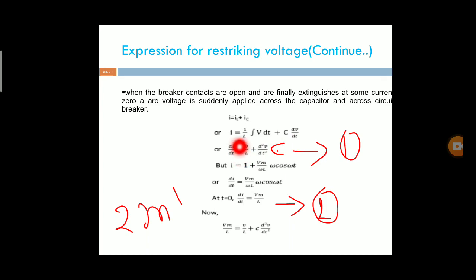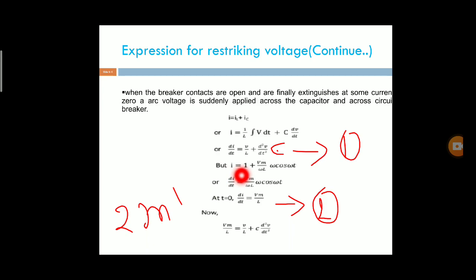Then differentiating this equation, we obtain di by dt equal to V by L plus C d square V by dt square. We represent that as equation number 1.